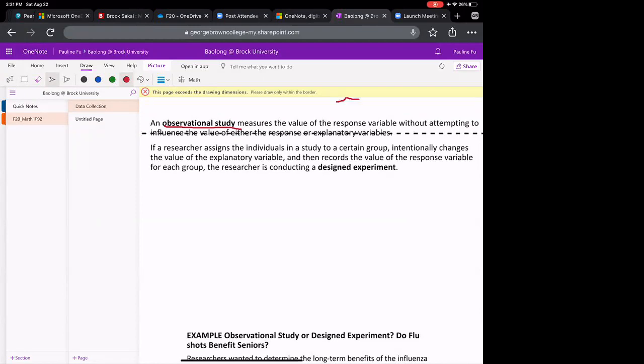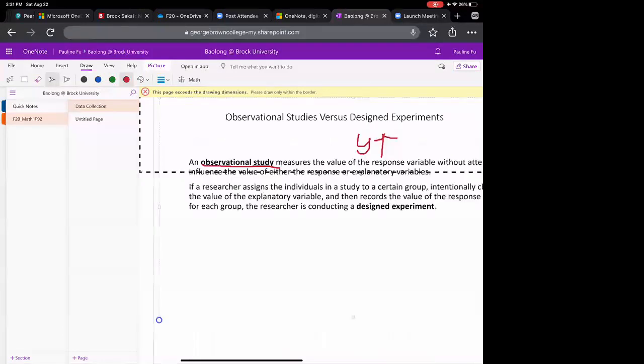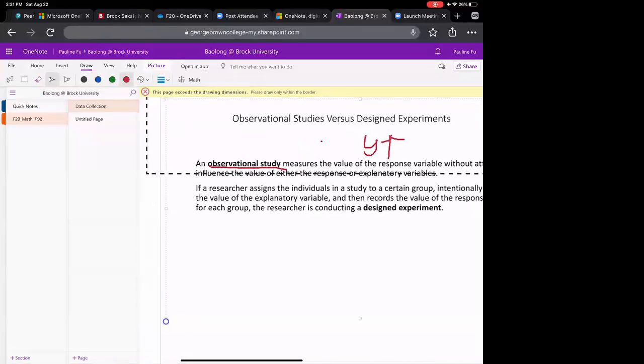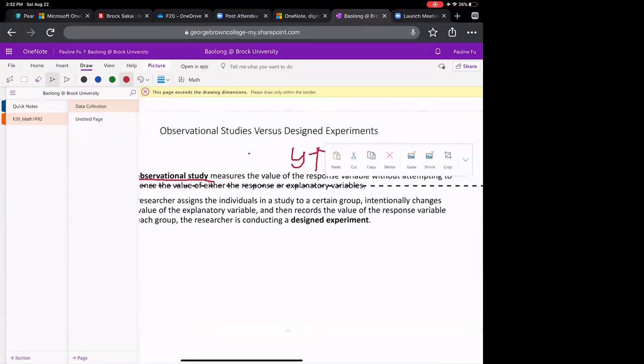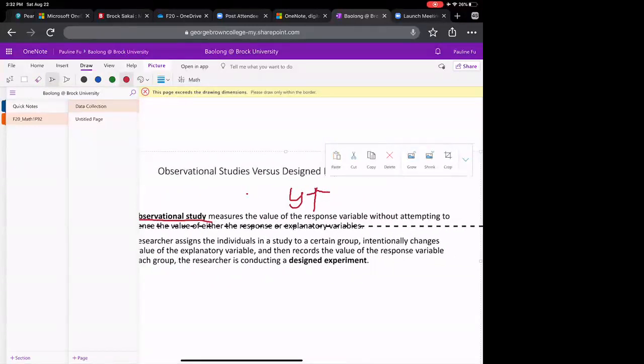Response variable is Y. Y is the response variable, without attempting to influence the value of either the response or explanatory variable. Explanatory variable is X. Is X, the explanatory variable.